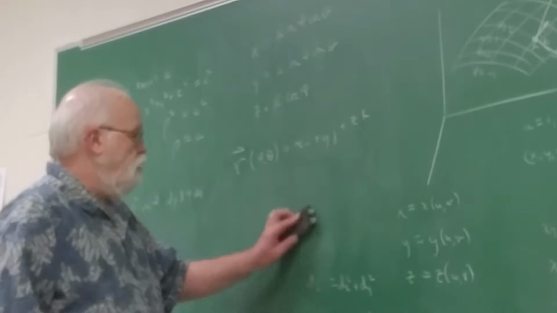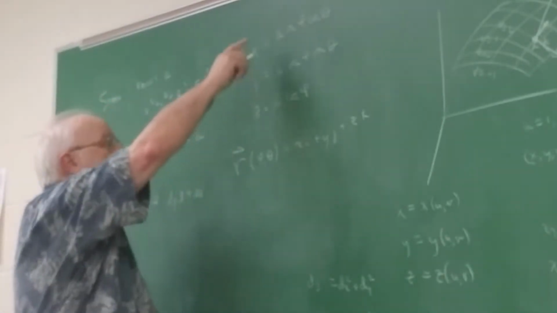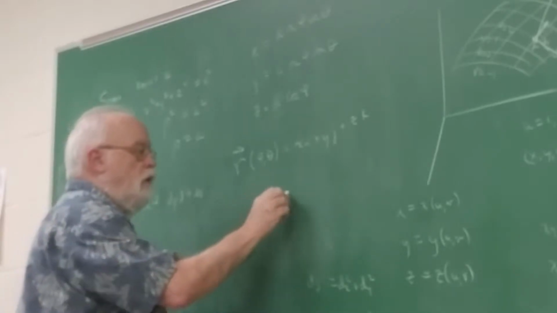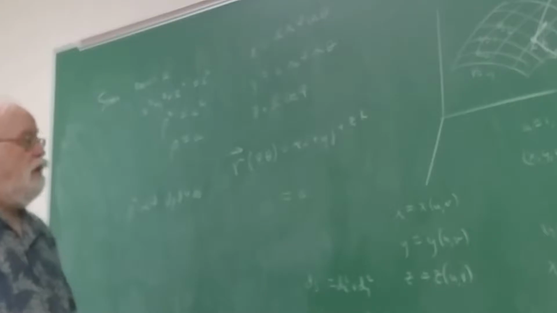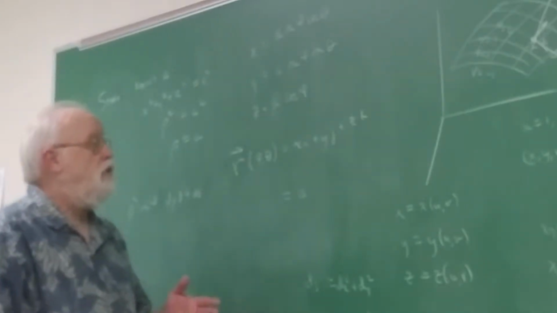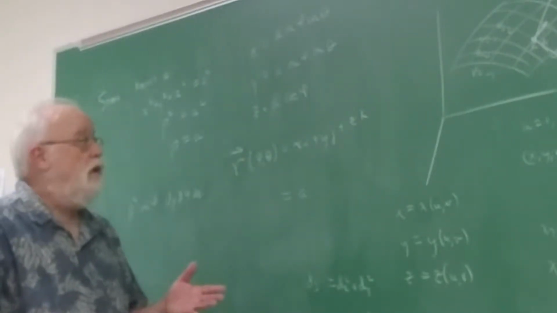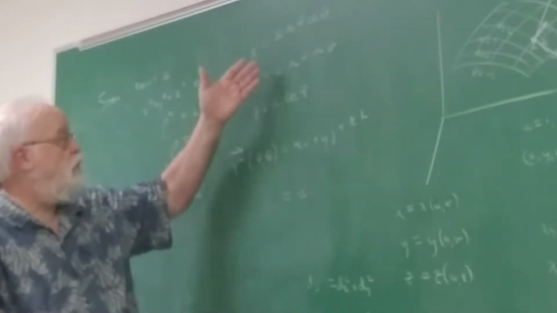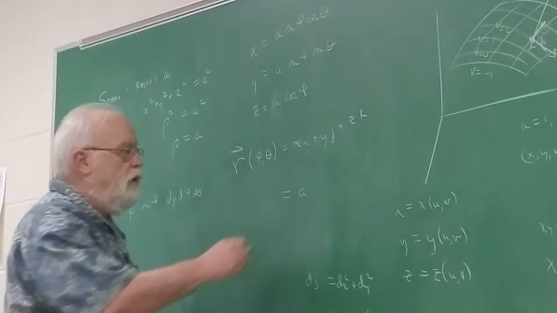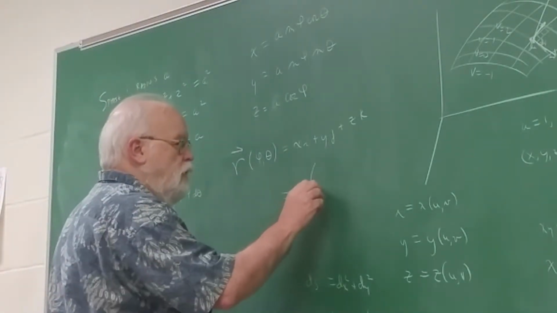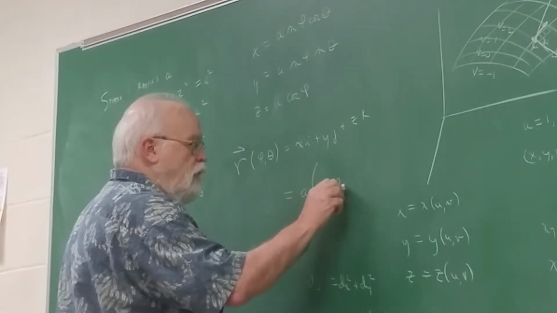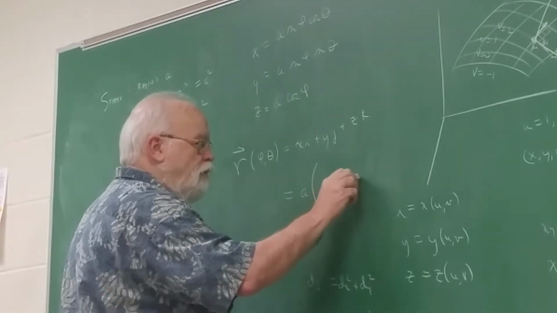And notice something here. All of these have a factor of a. A is a constant, so that's okay. It would actually even be okay if it was a variable. But what I want to do is to bring the factor out front, like a common factor.